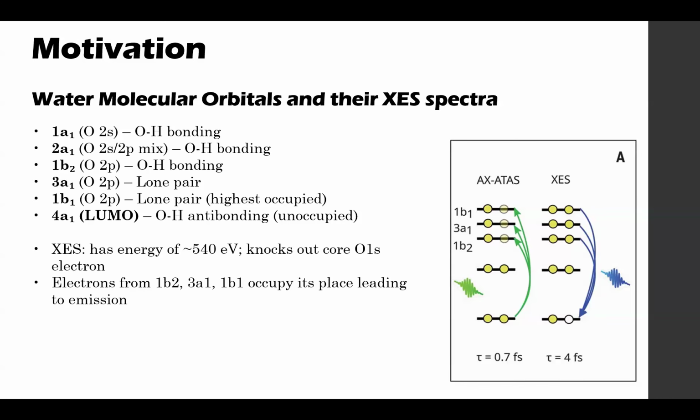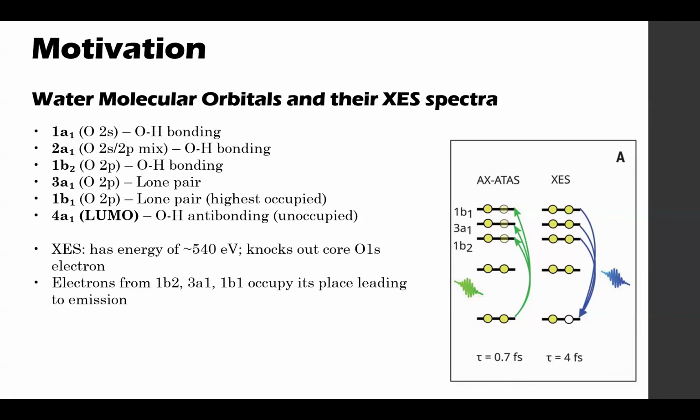So those mix, and thereby it gives us the following molecular orbitals: 1a1, 2a1, 1b2, 3a1, 1b1, and a 4a1. 4a1 is essentially an antibonding orbital which is unoccupied.